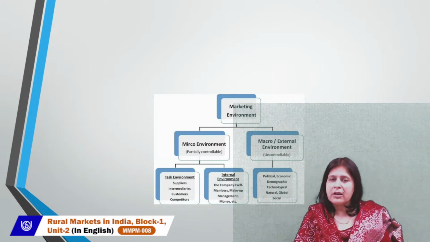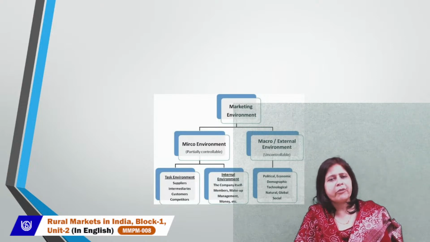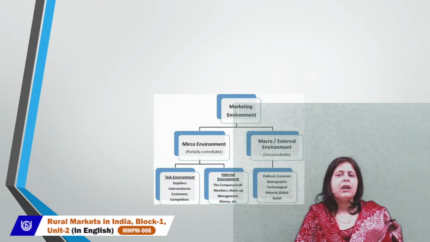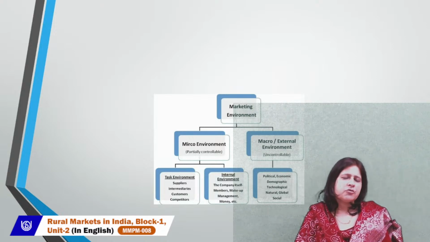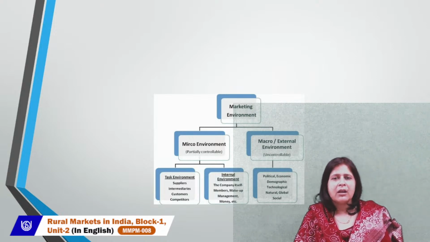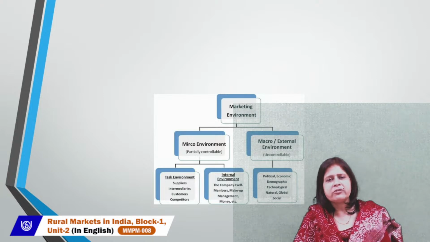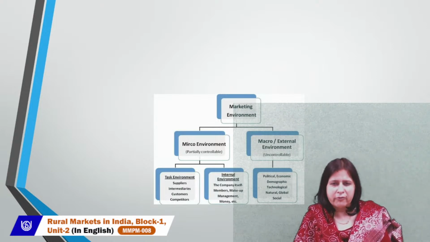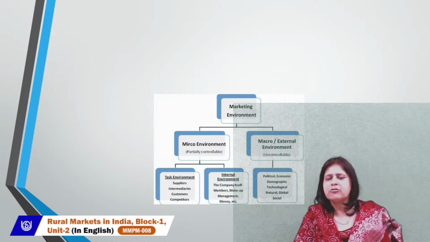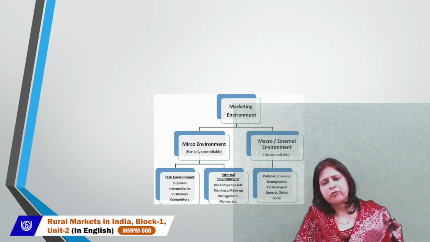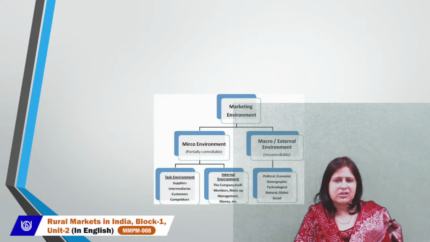Then the social environment or the cultural environment, it is beyond the control of anyone, because society is not in control of anyone, or the culture, right, the socio-cultural environment, right? So what type of society it is, what are their values, morals, and belief system, that is not in control of any organization. It is beyond the control of any organization, right?